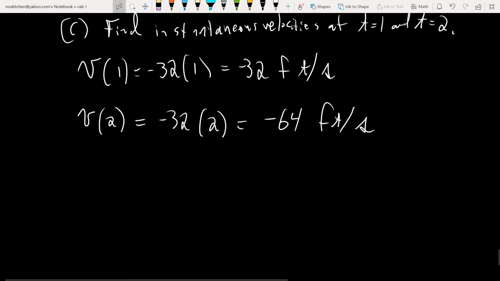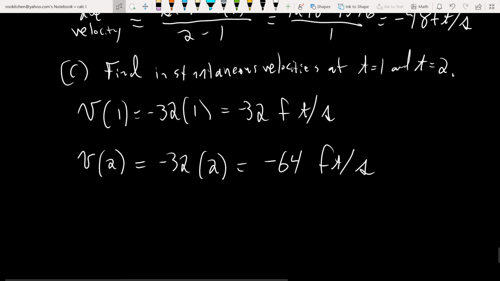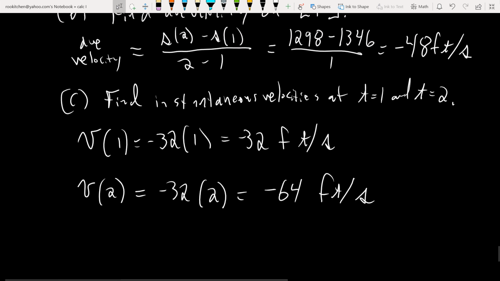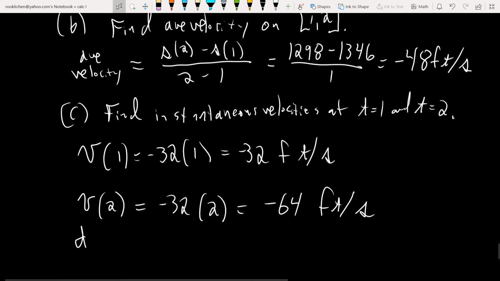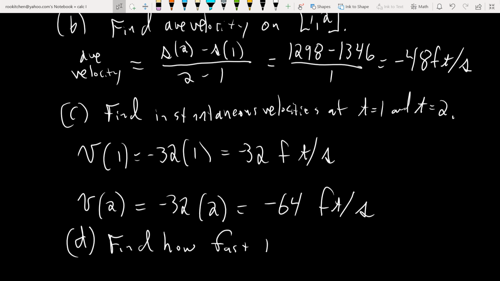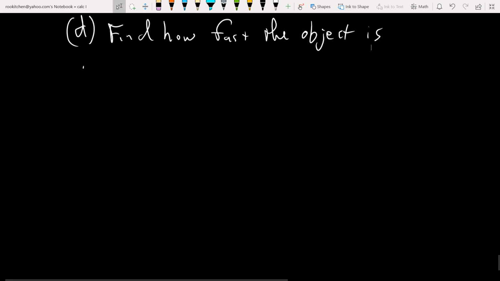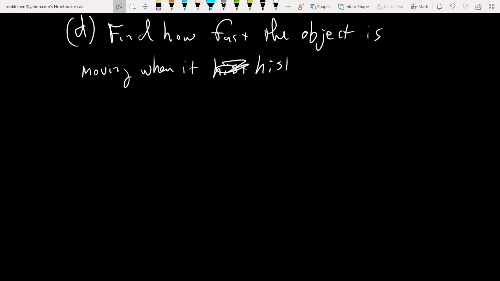They want to know how fast this thing is going when it hits the ground. So part D, find how fast the object is moving when it hits the ground.